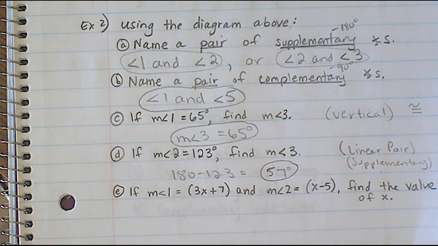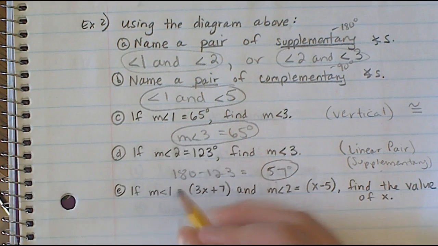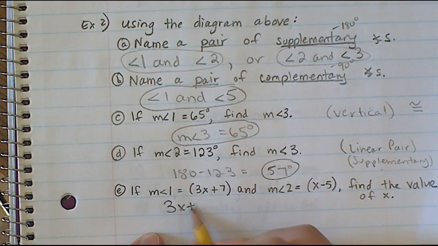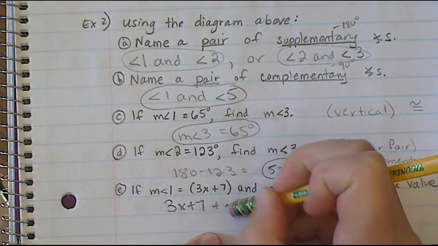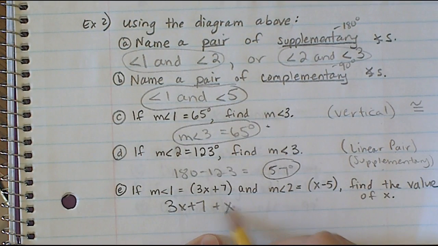Part E is asking us about angles 1 and 2. So if you look up above at our true false, that was like question A. Angles 1 and 2 are a linear pair, which means they add to be 180 degrees. So I need to set up an equation by adding these two together. Just x minus 5.